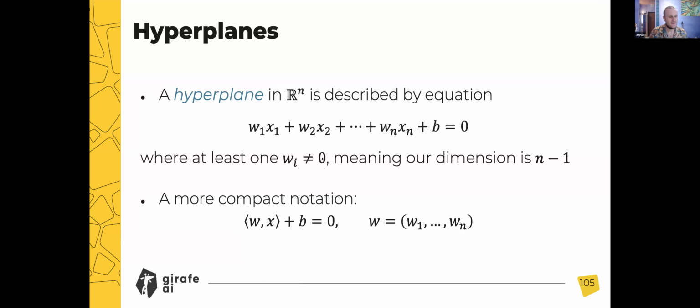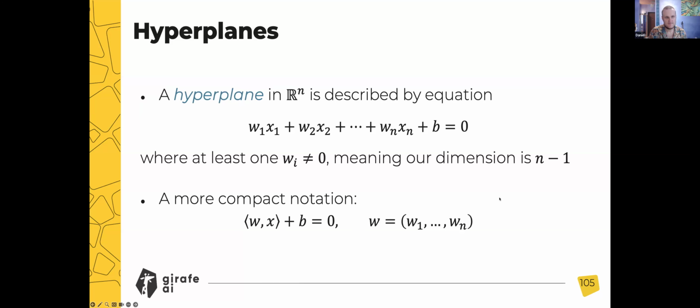Okay? But since we are cool and we know how to use dot product now, we can use more compact notation, basically via dot product. So we can just take one vector, dot product it with another vector, plus b.